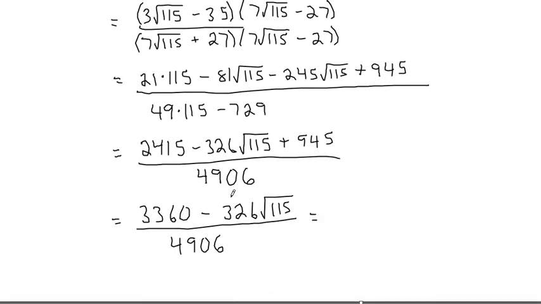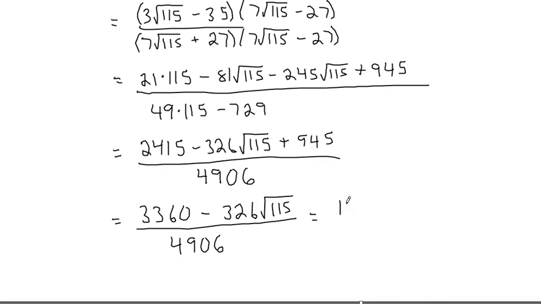It looks like that because every term is even, the 3,360, the 326, because that's the outside portion, and the 4,906, those are all even, so we can divide out a 2 out of each of those numbers.